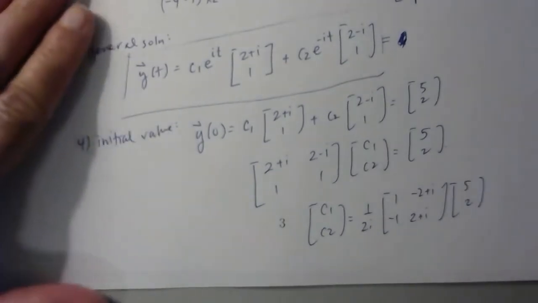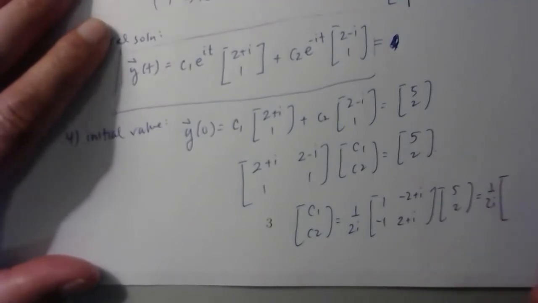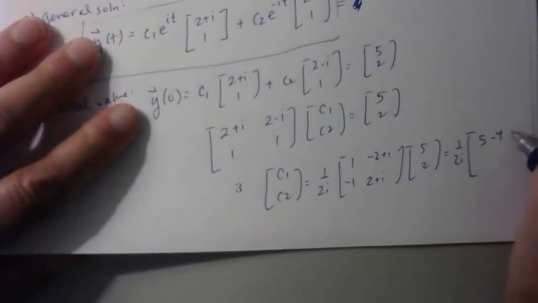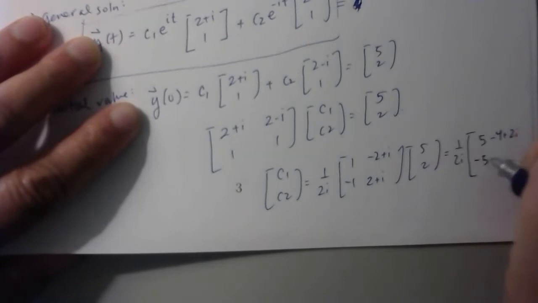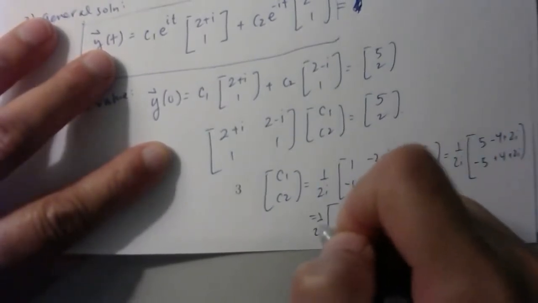This guy. 5, minus 4 plus 2I, minus 5 plus 4 plus 2I, 1 over 2I outside.